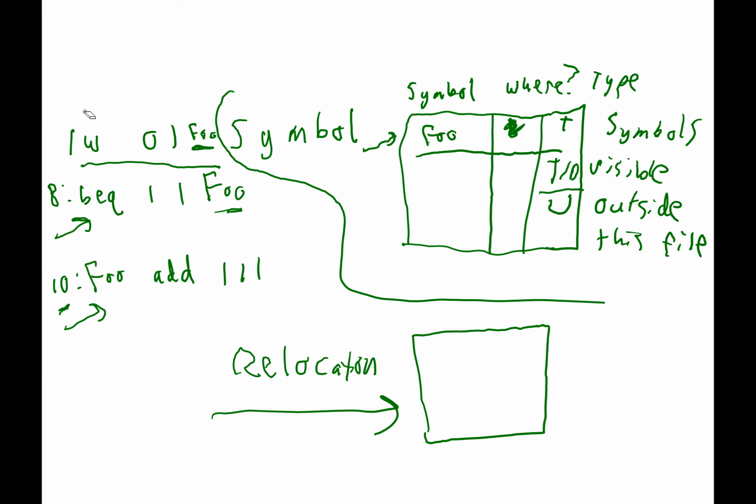Kim Von asks, if we had the load word line and didn't define foo in this file, then foo is still in the table, but with a U. Exactly. It would be undefined at that point. So we would indicate that we're using this. We put it in the symbol table, but we're not responsible for defining where it is. We'll have to look in somebody else's symbol table to find out where it is defined.